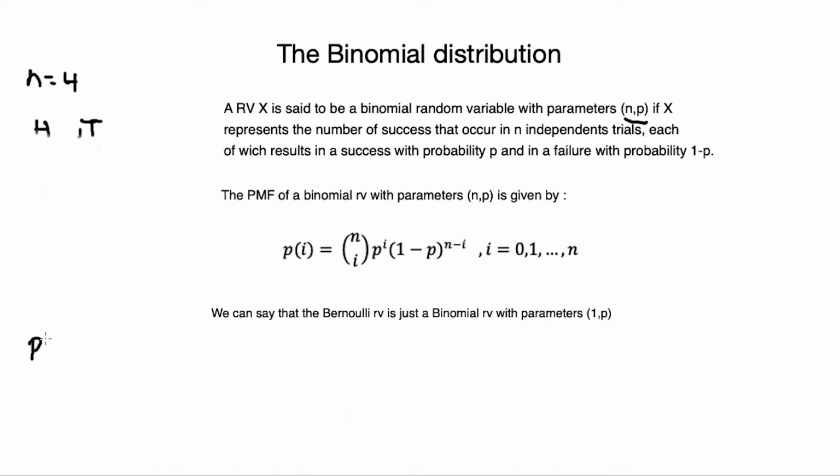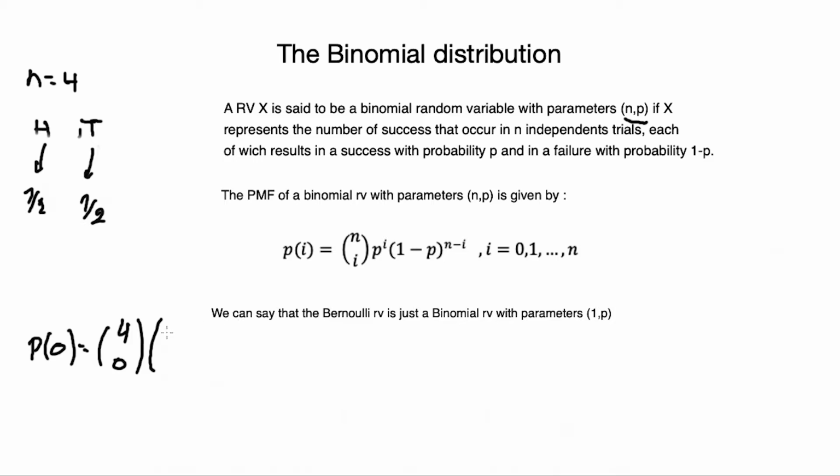So P of getting 0 heads is equal to 4 chosen 0 times p, when we consider that p here is 1/2, so it is a fair coin. We call it a fair coin when the probability of getting head and tails is 1/2 for each trial.